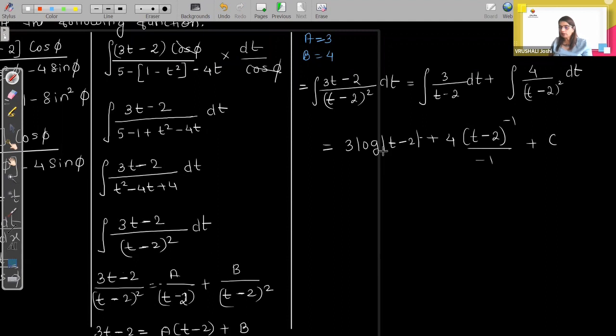अच्छा, अभी t का वैल्यू हमको वापस साइन जो हमने लिया था, वी हैव टू कम बैक टू द सेम वैल्यू. सो दिस इज इक्वल टू 3 log ऑफ मॉड्यूलस, व्हाट इज t, t इज इक्वल टू sin phi minus 2 प्लस 4. देखो ये 4 तो डिनोमिनेटर में आ जाएगा और ये माइनस हो जाएगा, बिकॉज प्लस एंड माइनस माइनस, 4 बाय sin phi minus 2 plus c, correct.